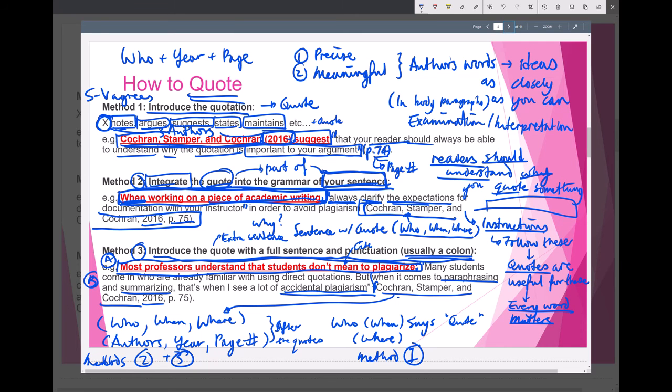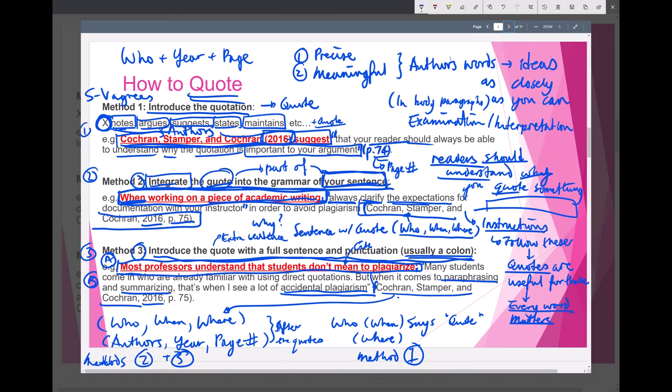So again, 3 methods. 1, use X, or author says, use some word to say says, and then add the quote. Method 2, put the quote as part of your sentence. Method 3, write a sentence, add a colon, and then write your quote as well.